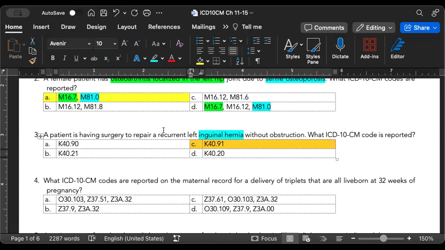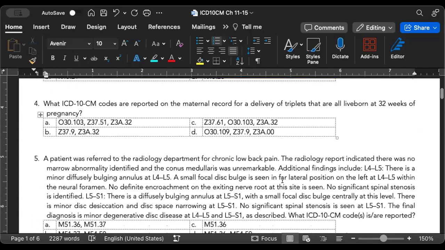So that gives us all of our details that we have here for the recurrent left inguinal hernia without obstruction. Any questions on that one? Okay.